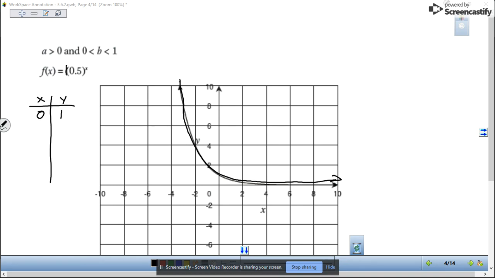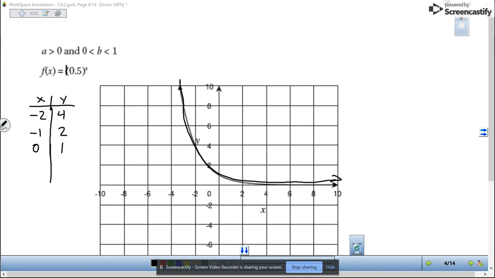If I go back the other way, so let's see some other values, I have 0, which is 1, and then negative 1, it looks like we're at 2. Negative 2, it looks like we're at 4.